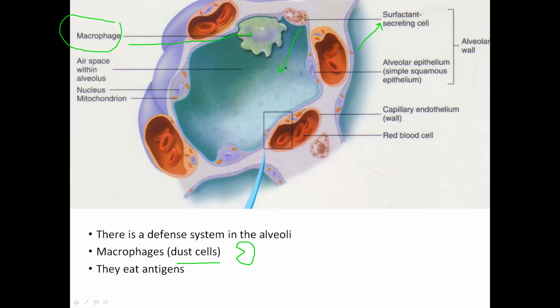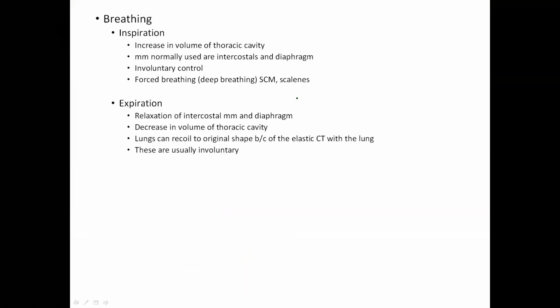Now, you don't want too much of it, because then you get excessive fluid buildup, and that's not good. And you don't want too little of it, because then it gets all dried out. So having some surfactant is a good thing. You can also see the relationship here with the red blood cells, the pulmonary capillaries, and the alveoli. A really nice place for gas exchange to occur.